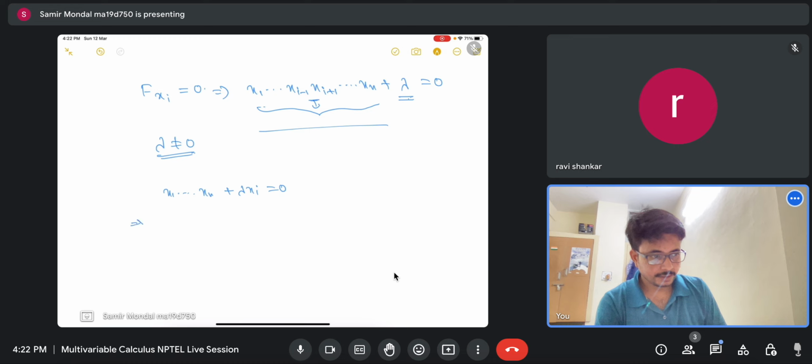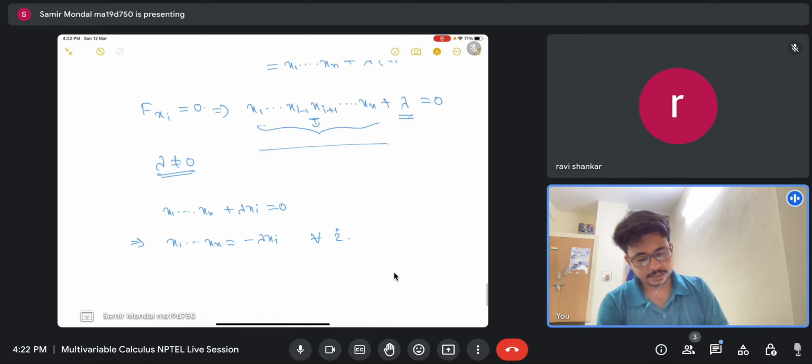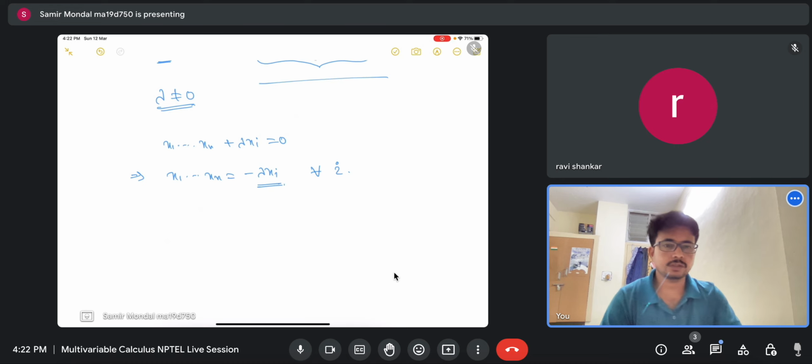This implies x1 product up to xn equals minus lambda xi. So this is true for all i. Here we took the partial derivative with respect to xi, and after that we are getting this. Please tell me, is it fine or not?